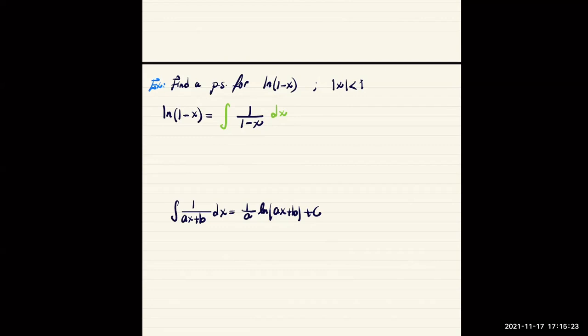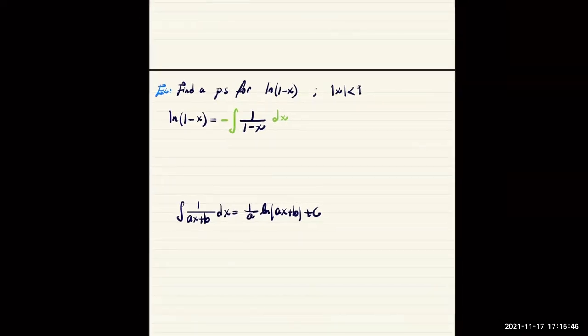Therefore, I need to put a negative in front of this function. It's the negative of that antiderivative. You could check, find the antiderivative. You're going to get the negative of ln of 1 minus x. So put a negative here.